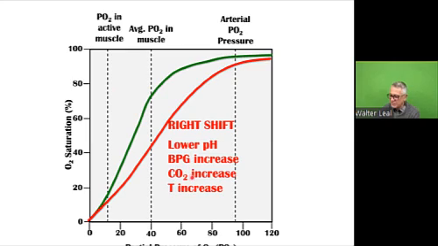If you decrease one of these three factors, BPG, CO2, or temperature, the shift is going to be to the left. And if you increase the pH, then we're going to shift to the left.